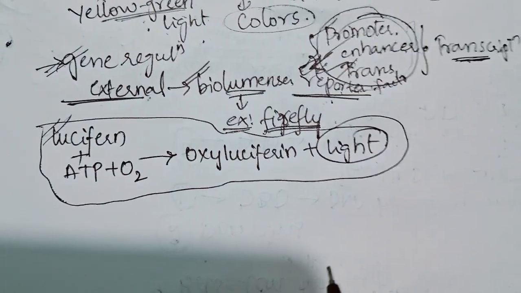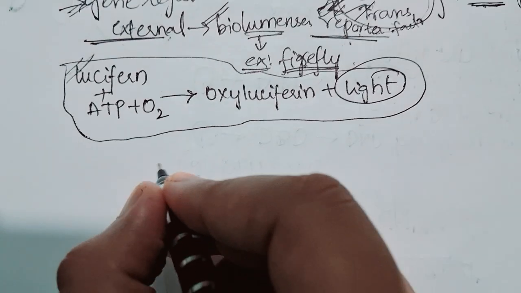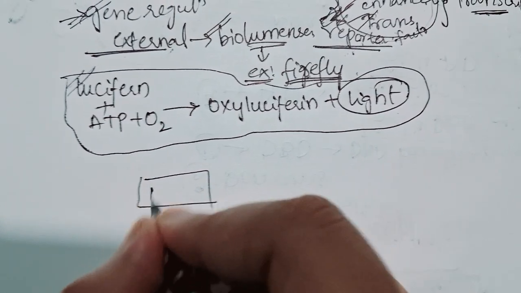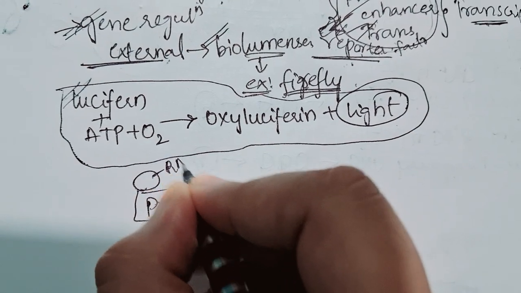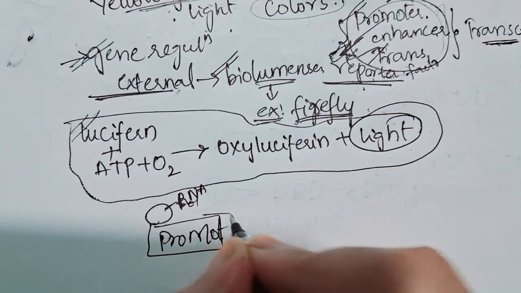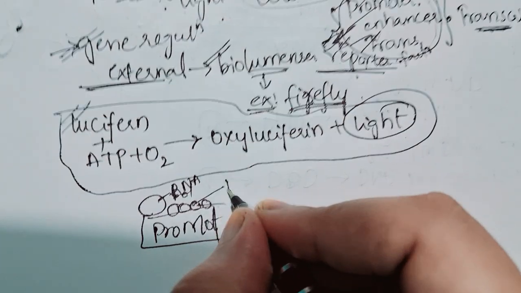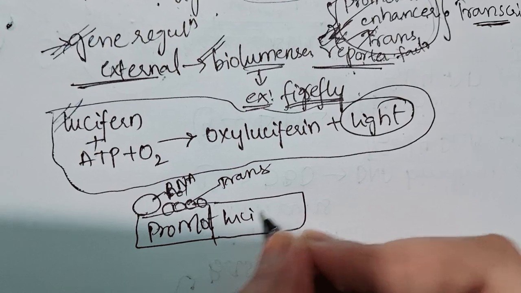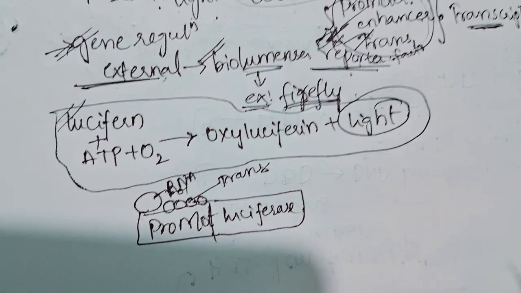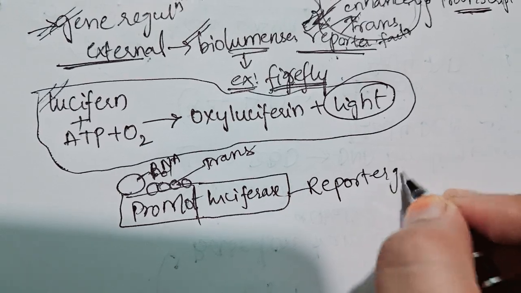Now if we talk about the diagram of luciferase: here is the promoter, and here RNA polymerase. Here the transcriptional factors will be attached. These are the transcription factors, and to this promoter our luciferase enzyme gene, this is our reporter gene, will be attached.